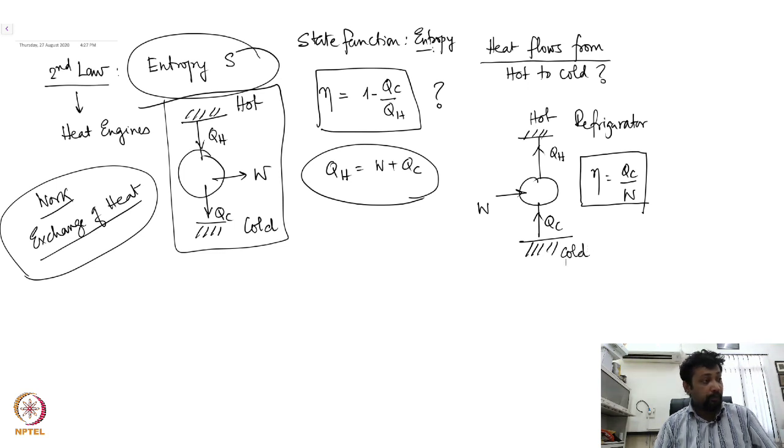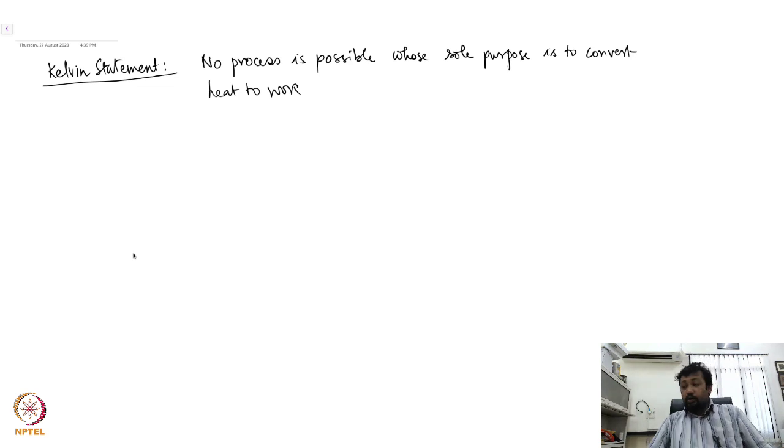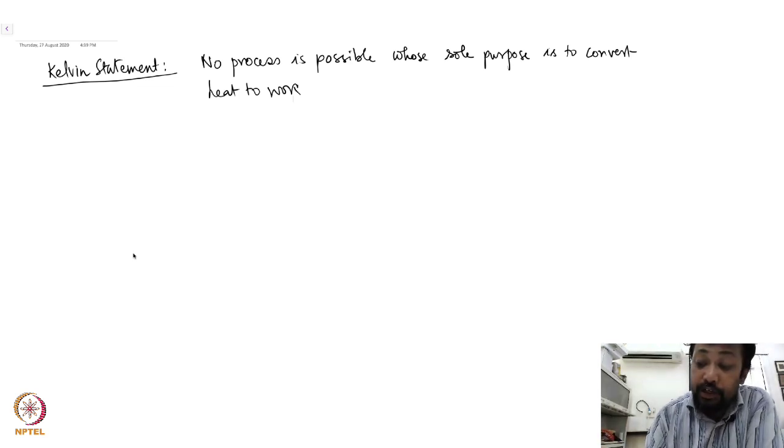Now, let's just quickly go to the next page. There are two statements of the second law. The first is the Kelvin statement, which tells you that no process is possible whose sole result is the complete conversion of heat to work. That you do not get.